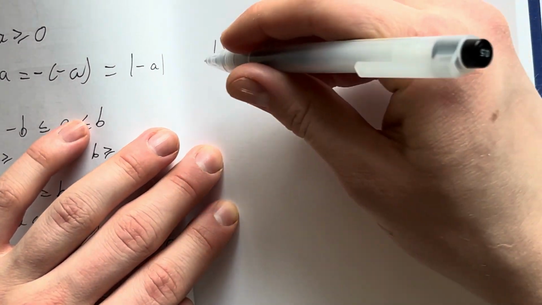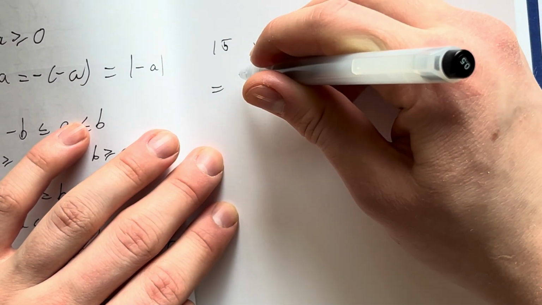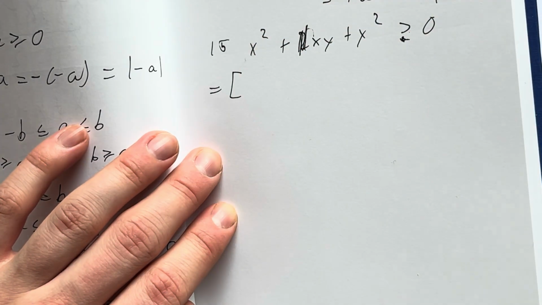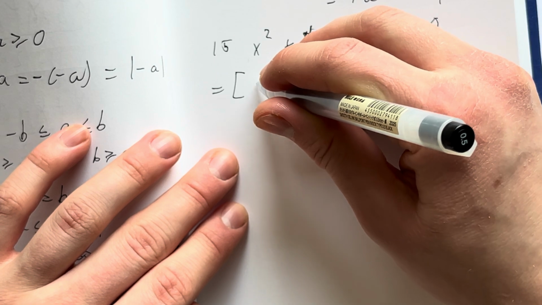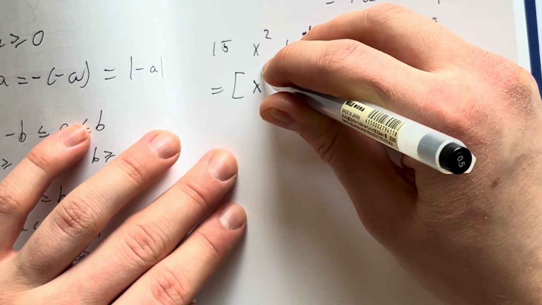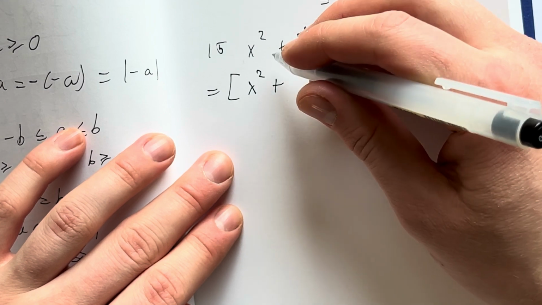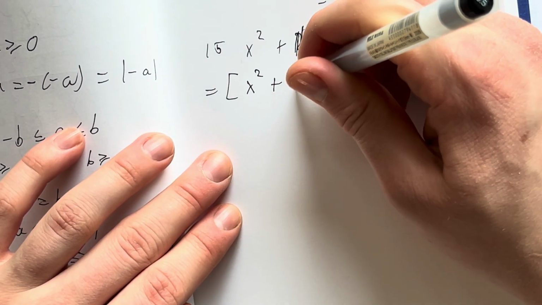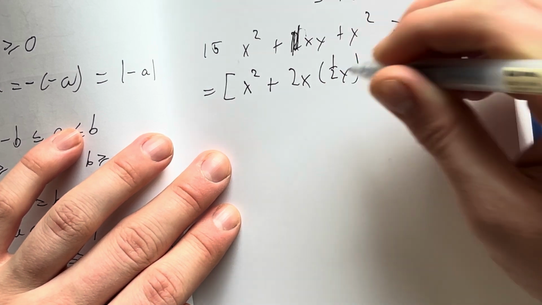And we can write it this way, and let's even do brackets so it's clearer. x squared plus 2x times 1 over 2y.